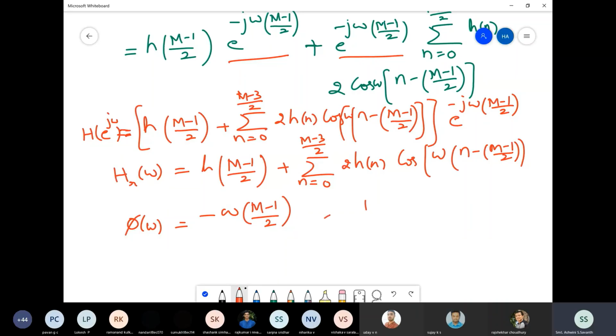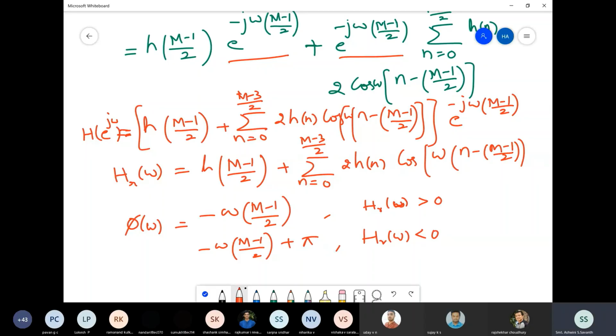This is provided your H_R of omega is positive. Like we saw yesterday, if H_R of omega is negative, then you will have a plus pi in the phase. The phase shifts by pi units. So minus omega (M minus 1)/2 plus pi.